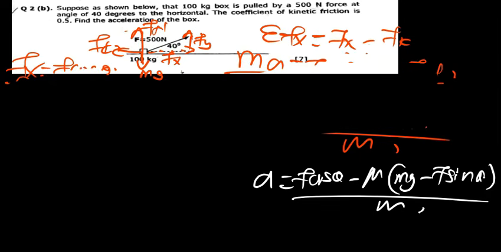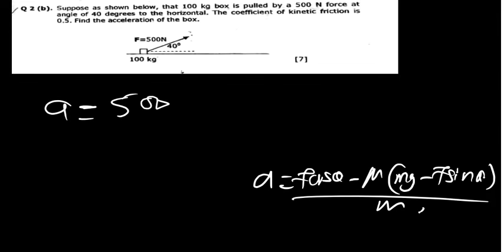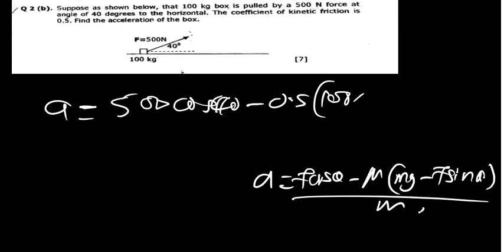So let's plug in the values and see the answer which we're going to find. Our acceleration is going to be, our force is 500, then we have cos of the angle, which is 40 degrees, minus the mu value, which is 0.5, times m, which is 100, g is 9.8, minus F, which is 500, times sine 40.